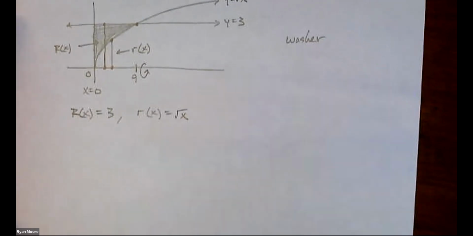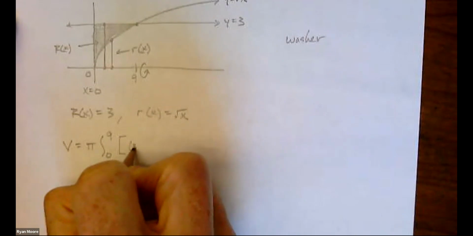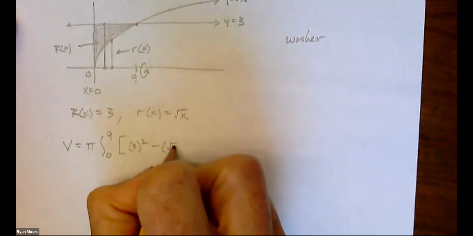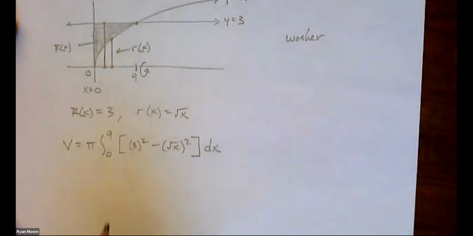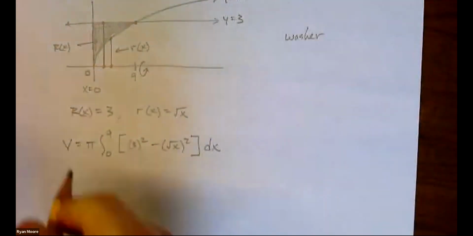Okay, so here the volume, we're all set up. The volume will be pi integral from 0 to 9 of outer radius squared minus inner radius squared dx. Remember, it's always outer squared minus inner squared. We simplify that.